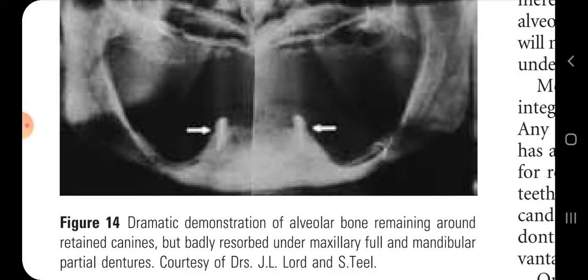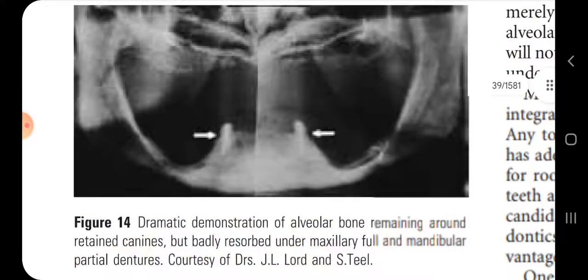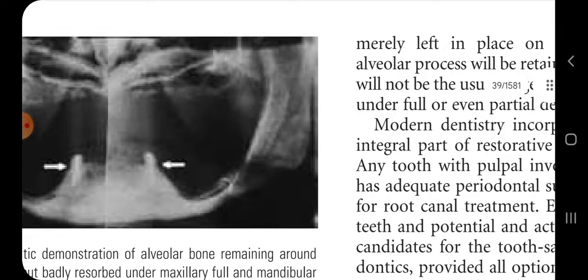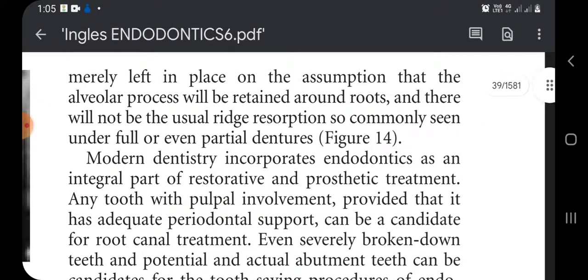There is a preservation of alveolar bone to some extent if the tooth is present there.